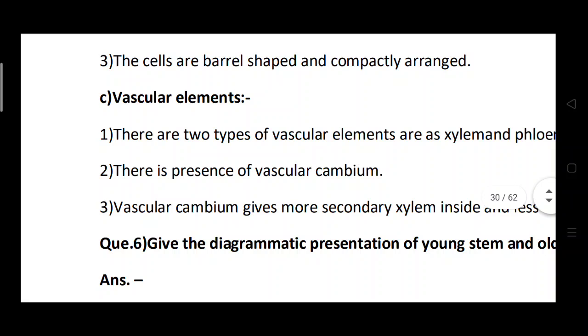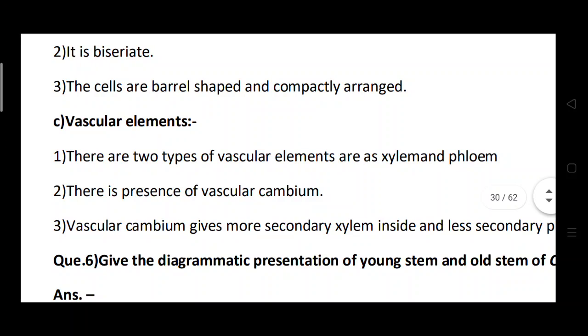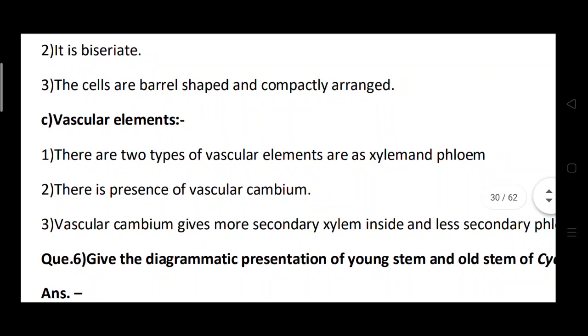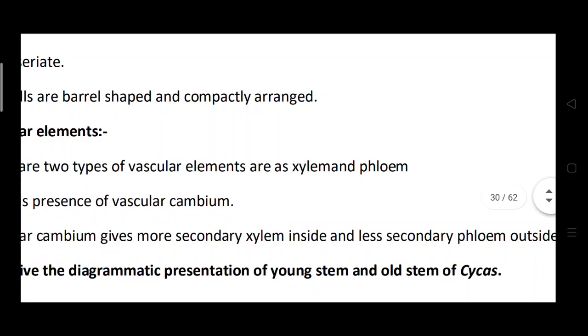Then in the vascular elements, xylem and phloem are there, but here is a change in the presence of the vascular cambium. The vascular cambium produces more secondary xylem inside and less secondary phloem outside.